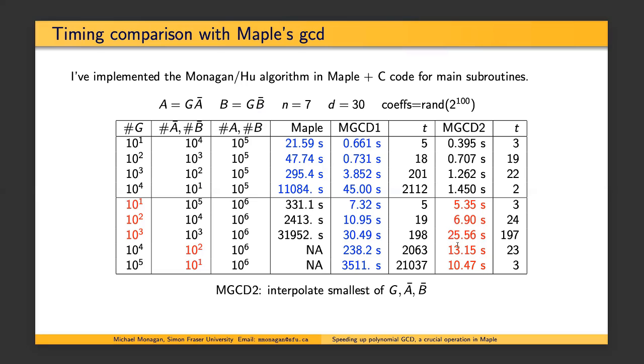So in this test right here, where I was able to compute the GCD in Maple, 11,000 seconds, by computing this cofactor instead, I'm able to do the GCD computation in 1.4 seconds. So it's roughly a factor of almost 10,000 improvement.